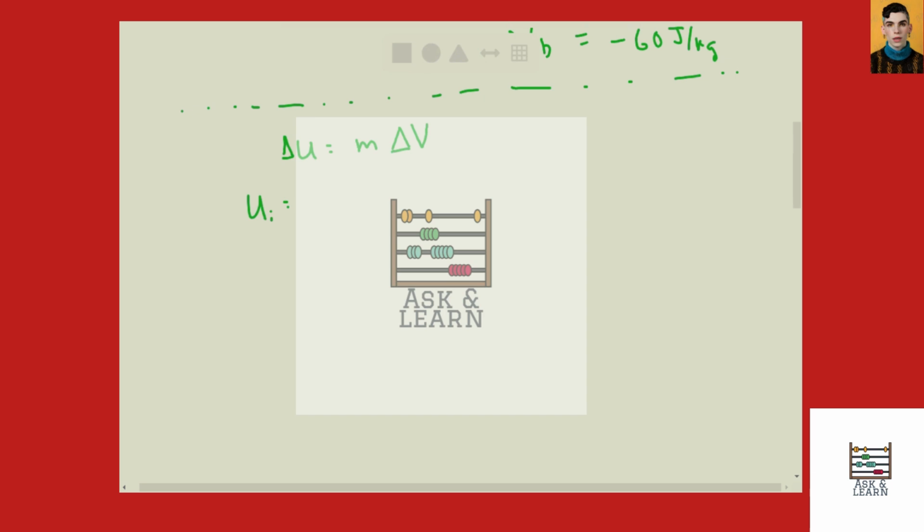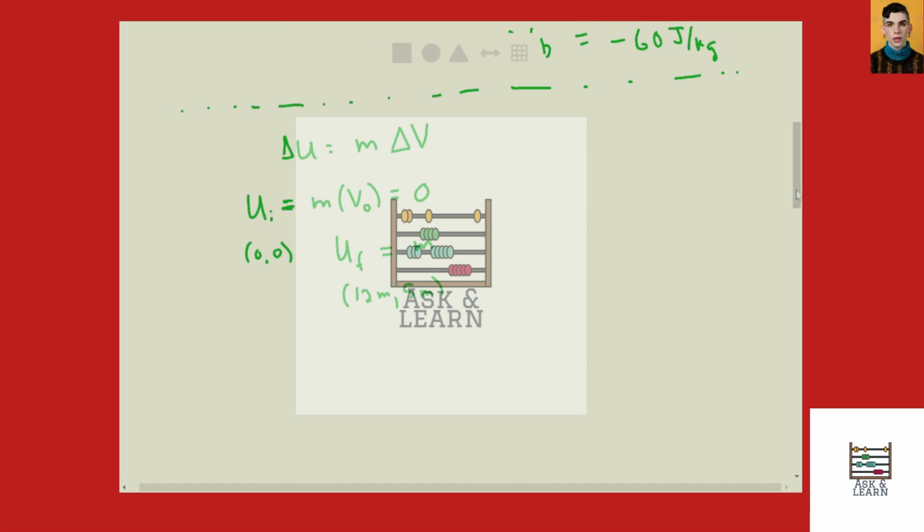Okay, origin. We don't want to make it look like the potential energy is a vector. But U initial is m times the potential at 0, which is our reference point. U final is at point 12 meters, 5 meters. And we can think about this in 2 steps.